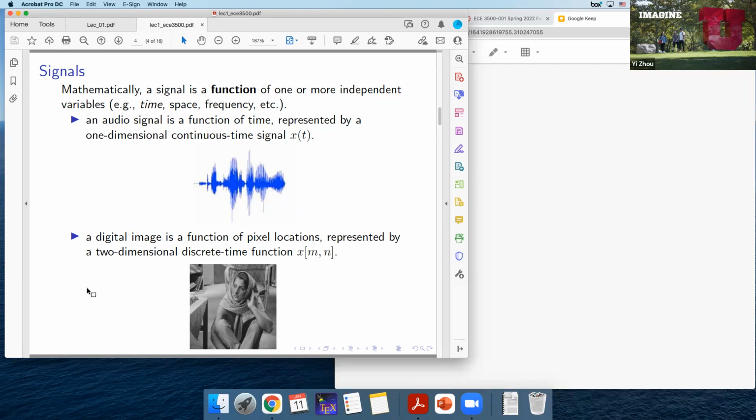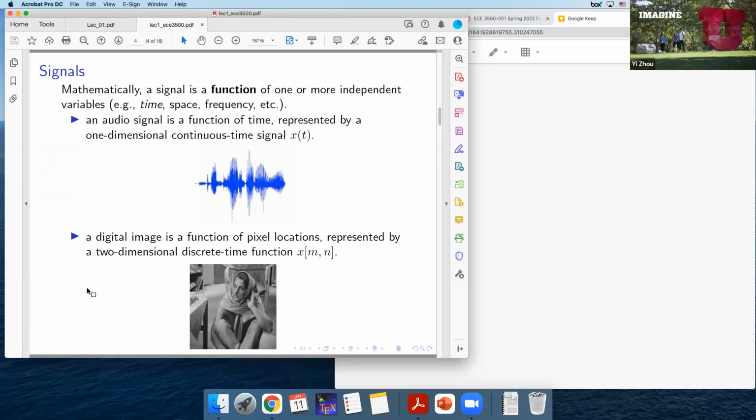That is a convention we call discrete signals, discrete time. But you can ignore the time. This time doesn't mean the physical time. It means discrete. That's kind of a convention.